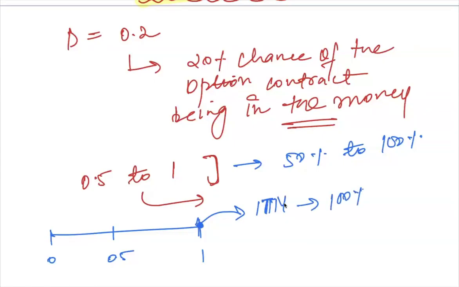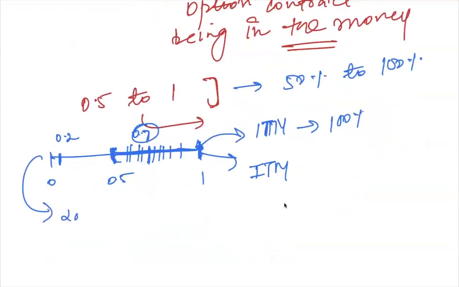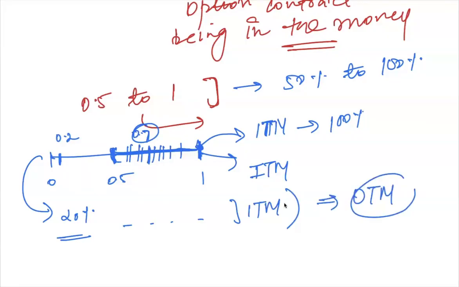And we also know that delta of in the money is between 0.5 to 1. So whatever probability you see, let's say 0.7, this is nothing but a 70% probability of your option contract being in the money. And when the probability is low, let's say 0.2, there's a 20% probability that the option contract is in the money. So when the probability is very low, of course your option contract is out of the money.